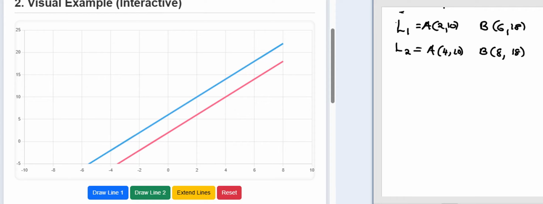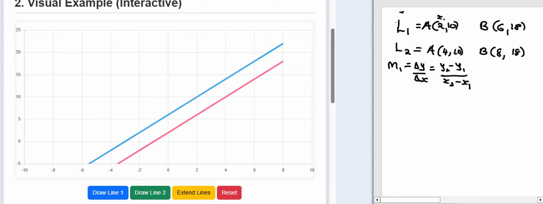If you don't know how to calculate the gradient of a line, you can review lesson 2 or lesson 3. You'll understand how to calculate the gradient. But basically, the gradient, which for line 1 I'll call M1, is given by change in y over change in x. It can be y2 minus y1 divided by x2 minus x1. In this case, we already have all these values.